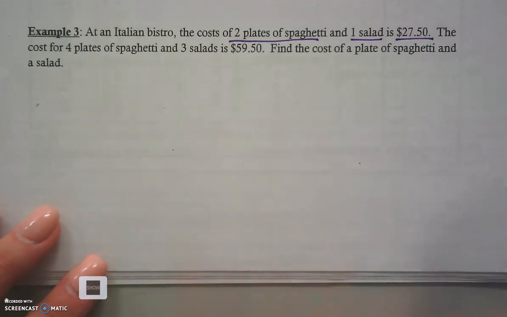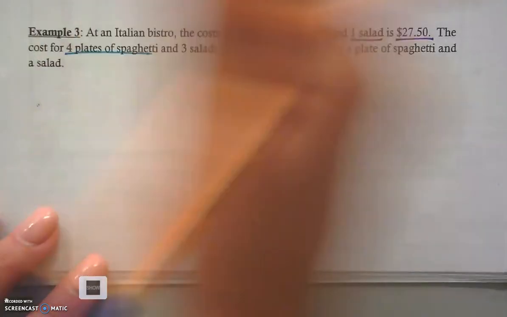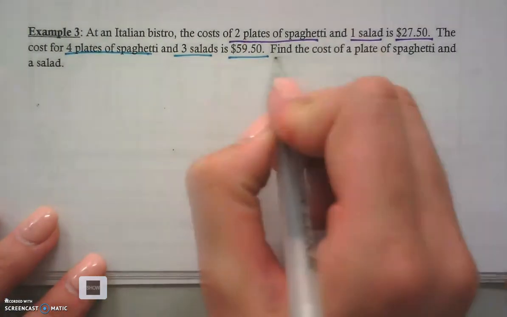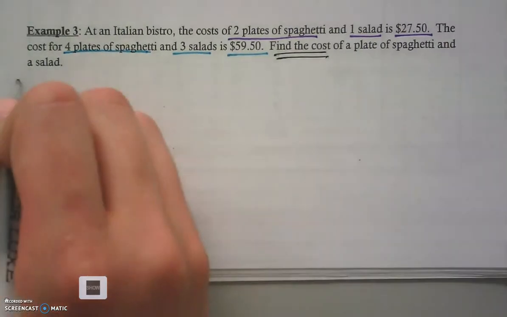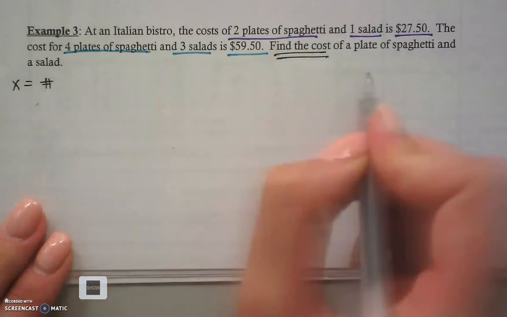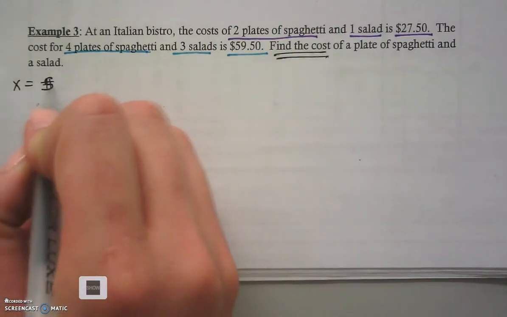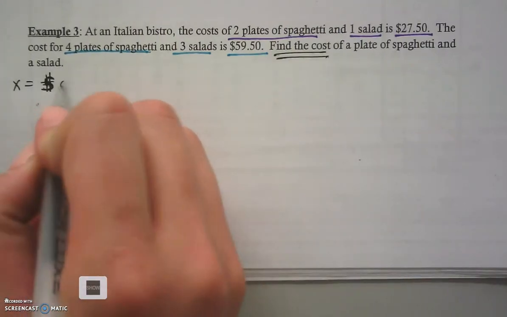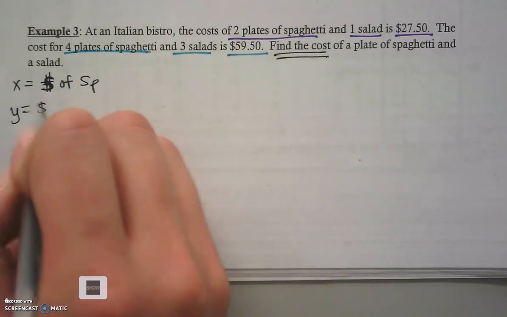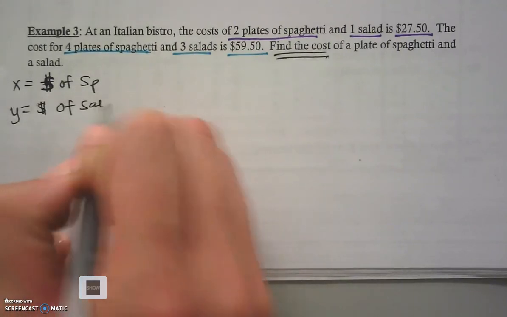And next time I go, I could try to get 4 plates of spaghetti and 3 salads for this much money. And they want us to find the cost. So x is going to be equal to the cost of spaghetti, and then y is going to be the cost of salad.